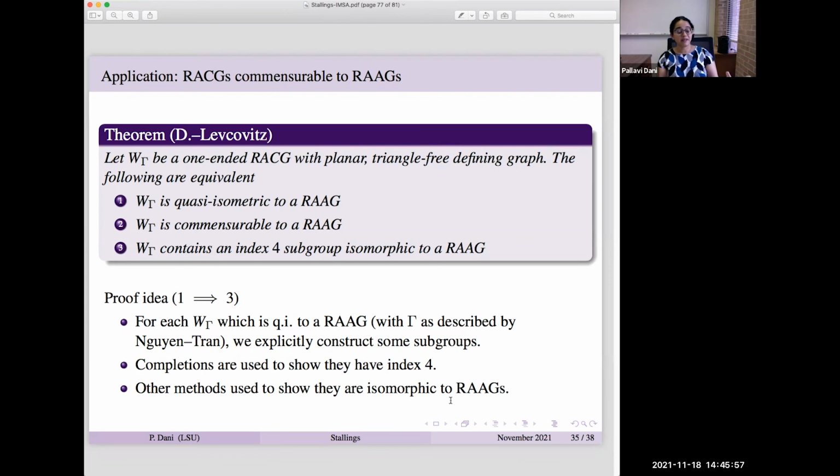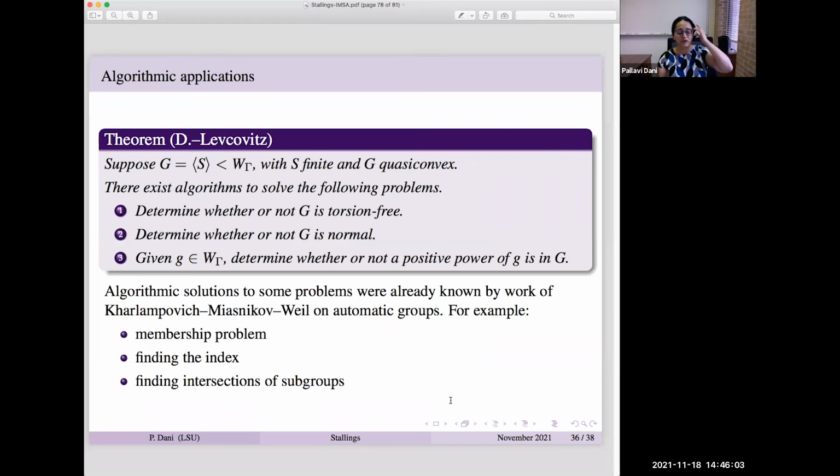Okay, so that's sort of an application of completions and detecting finite index. There are lots of other algorithmic applications that we can do. So, for example, I should say that let's say you already somehow know that a particular subgroup that you have is quasi-convex.